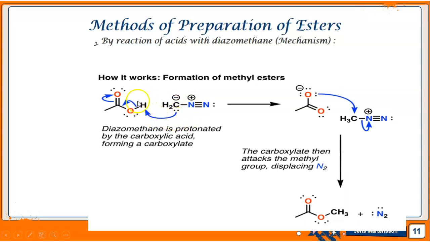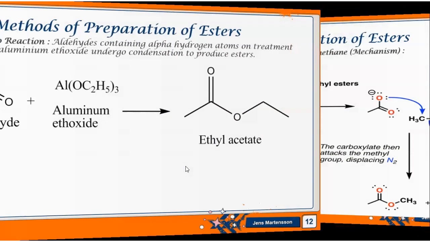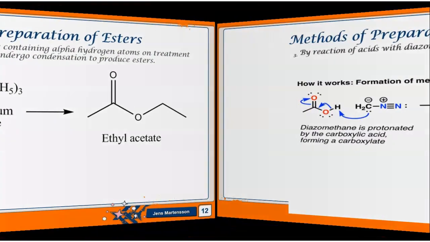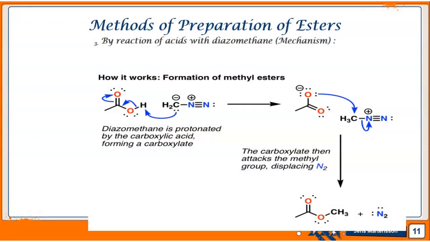It will abstract this particular proton over here, and get protonated by the carboxylic acid, forming your carboxylate anion. This carboxylate anion formed will further attack the methyl group and ultimately displace your nitrogen like that. So this is one method of how the mechanism occurs in the case of diazomethane.